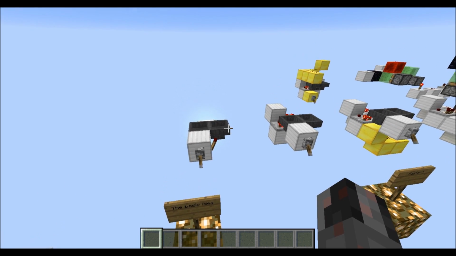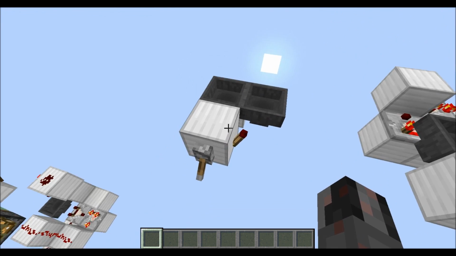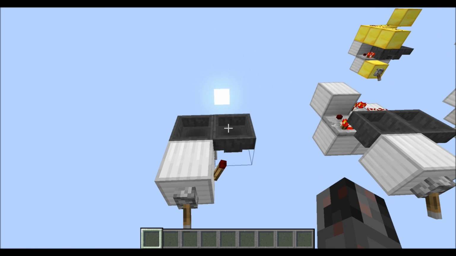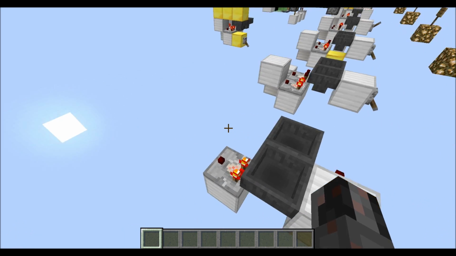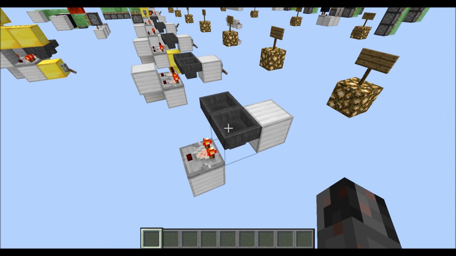The general and most basic idea is using 2 hoppers facing each other with a block and a torch, so that the items are transported from one hopper into the other, and then we get an analog signal out with a comparator.